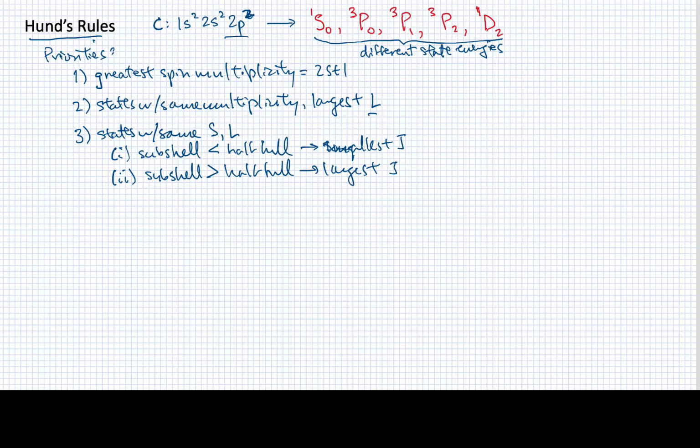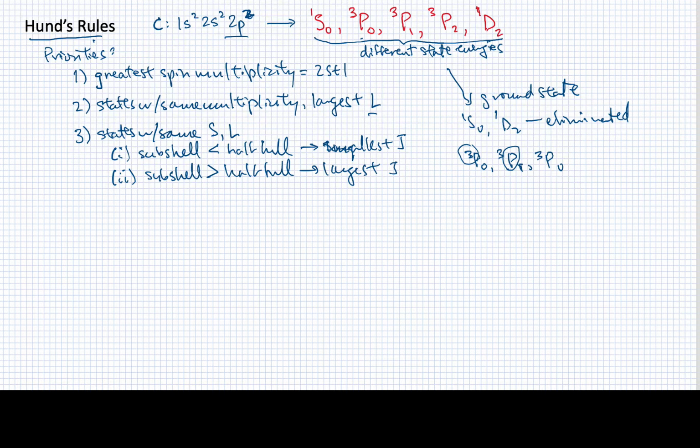So we've got these different terms for carbon. Which one is the ground state? From the very first rule, we can eliminate the two singlet terms, 1S0 and 1D2. But then we have three different terms, 3P0, 3P1, and 3P2, which all have the same multiplicity and the same L value.